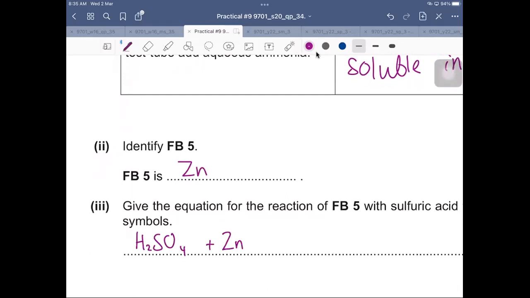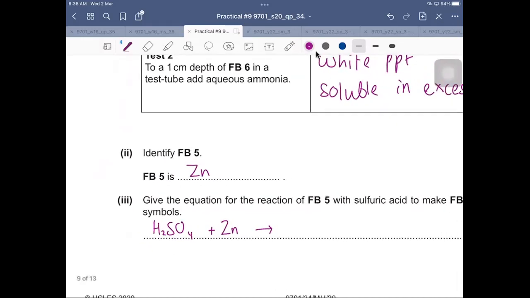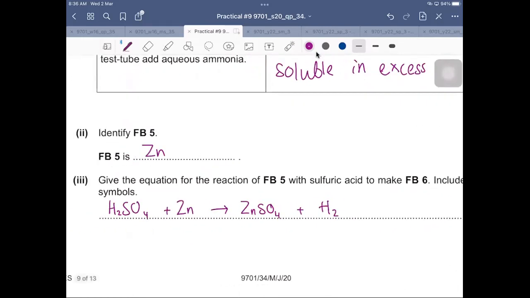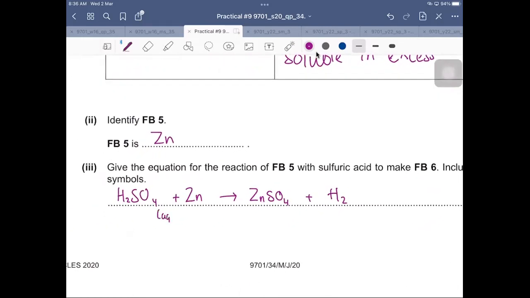You must know how to write the equation and how to balance them. Okay? Zinc sulfate plus hydrogen gas. You could state symbols simply. Sulfuric acid will be aqueous, zinc will be solid, zinc sulfate will be aqueous, hydrogen will be gas.